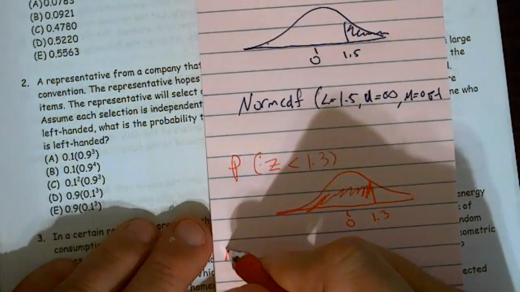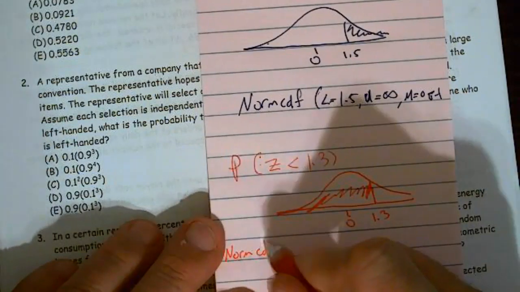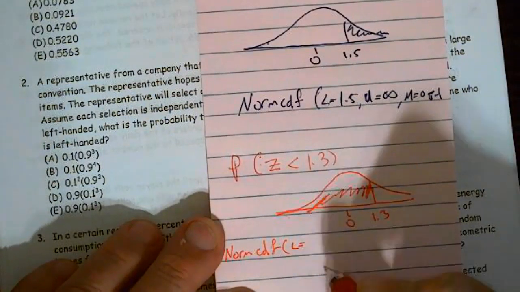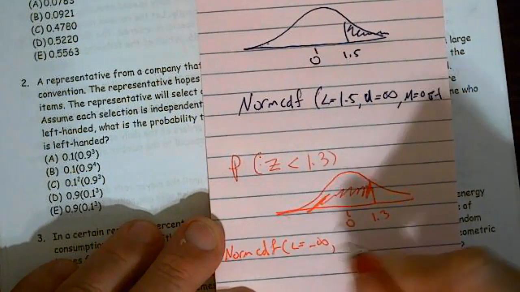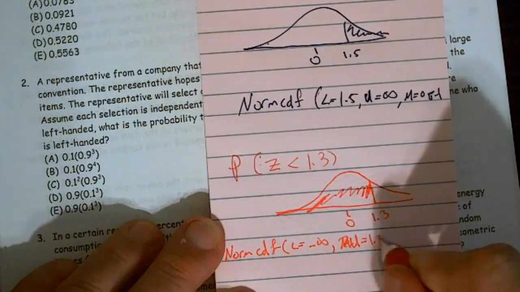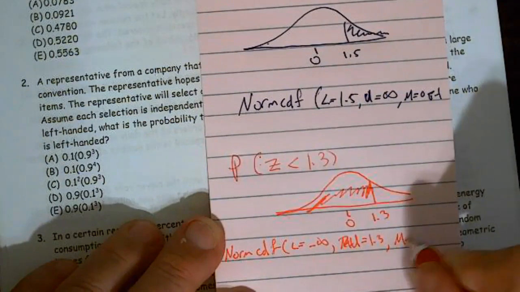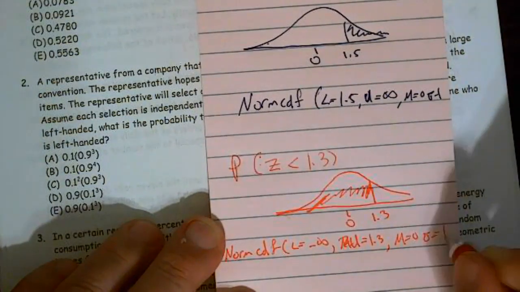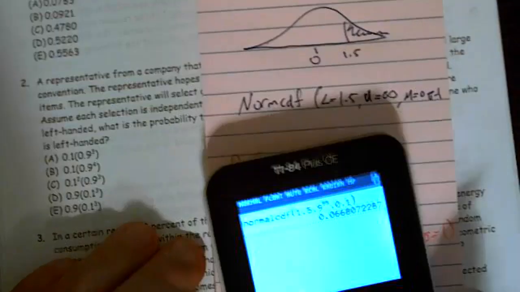In which case we'd be doing a norm CDF, lower equals negative infinity. The upper would be 1.3. And of course, our mean is 0 and our standard deviation is 1 because we're dealing with z-scores and all z-scores are like that.